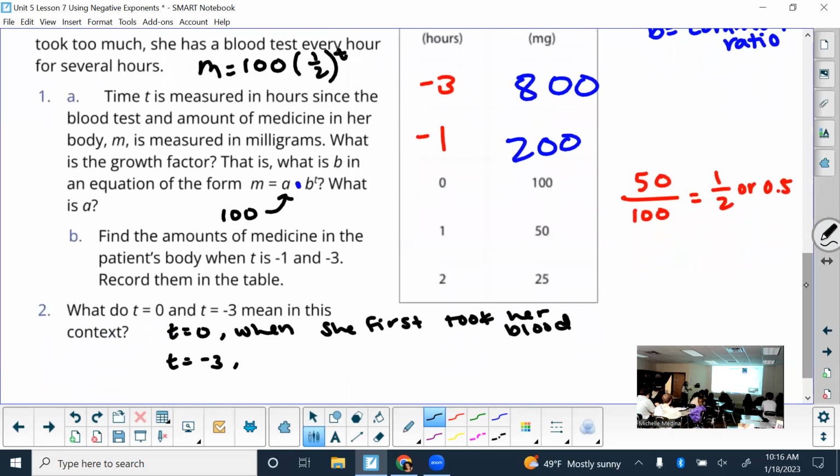Is it the 3rd time she took her blood test? Say it louder. So this is 3 hours before her first blood test.